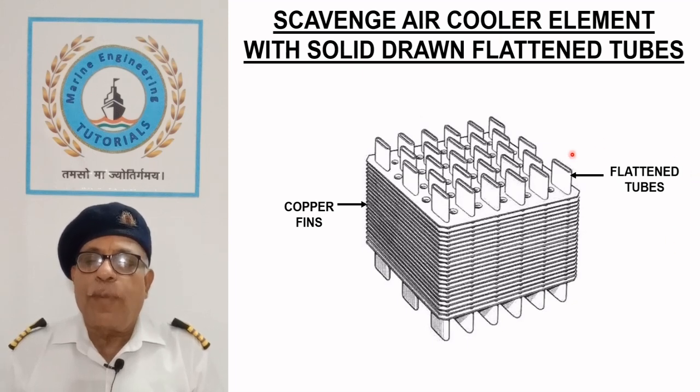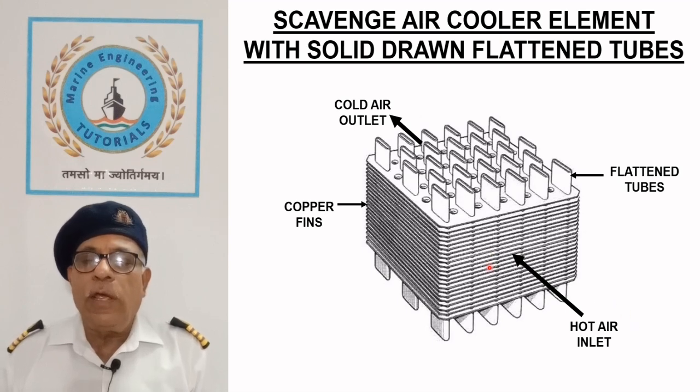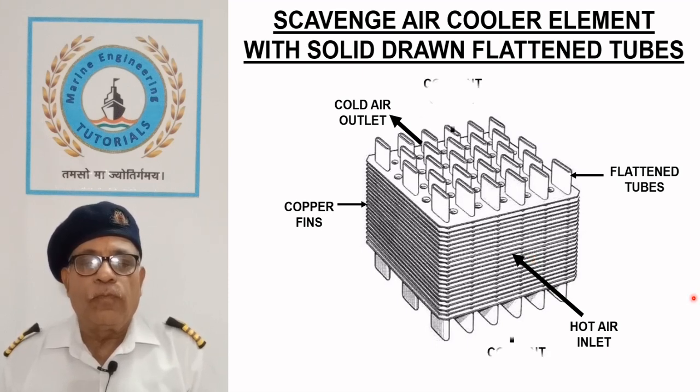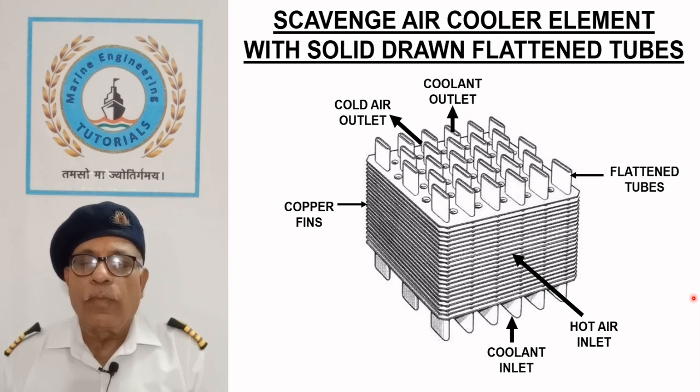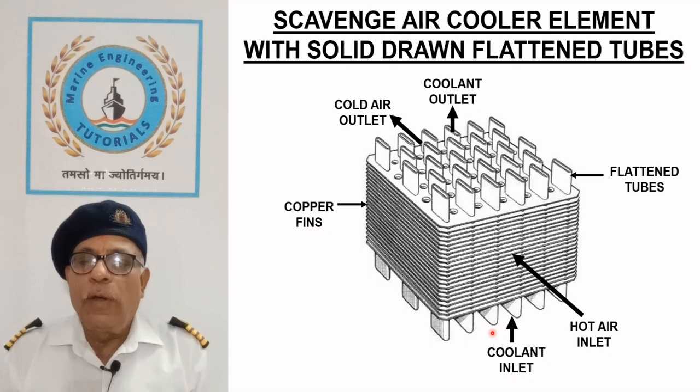Flattened tubes are passed through thin copper fin plates and bonded to them with solder for maximum heat transfer. Heat of the air is absorbed by the fins and given to the tubes. Cooling water passing through the tubes takes away the heat with it.